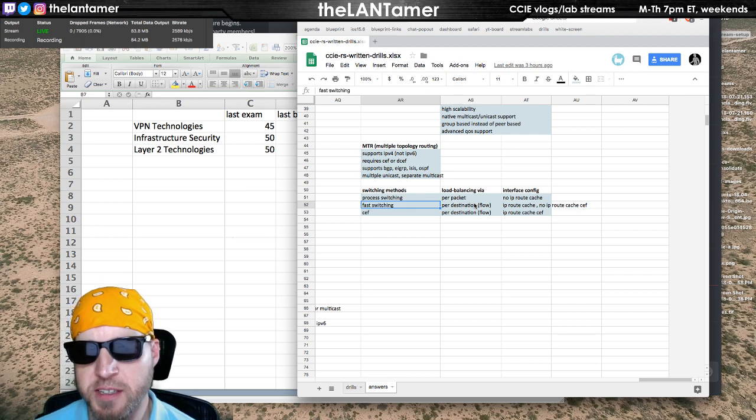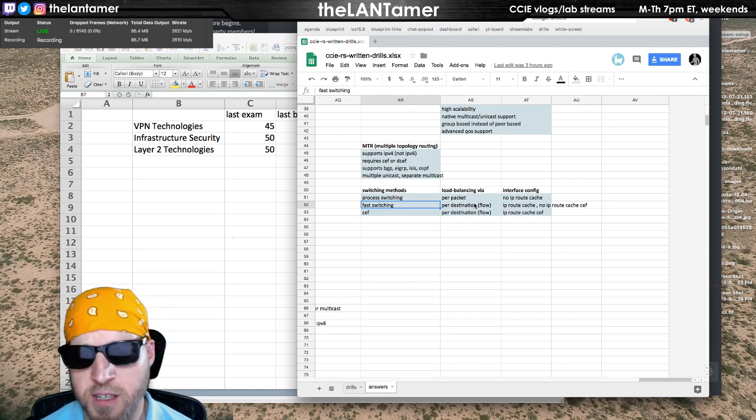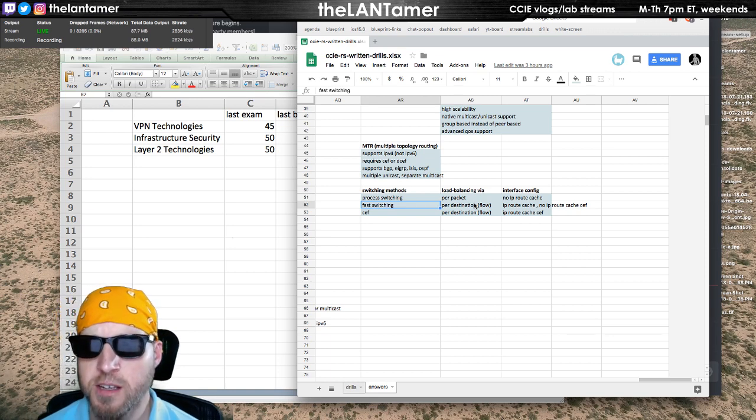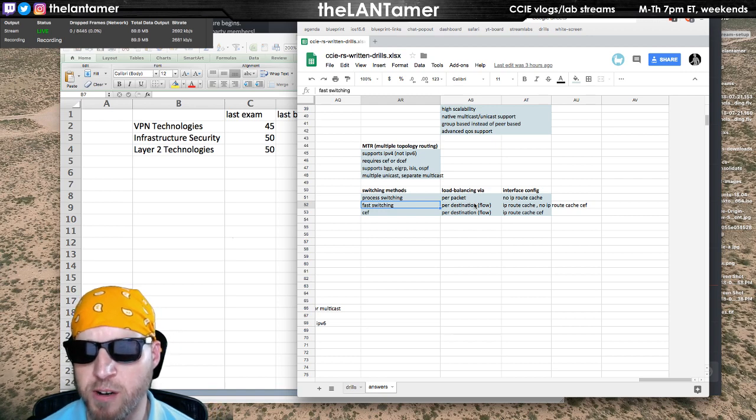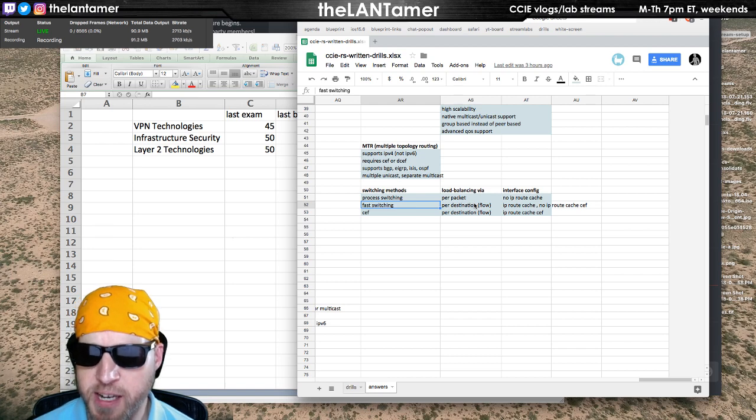And the way you configure that is, if you've turned on process switching, you need to turn that off, and you need to say IP route cache. If CEF switching is turned on, then you need to turn that off with the command no IP route cache CEF. Okay? So you've got IP route cache CEF.